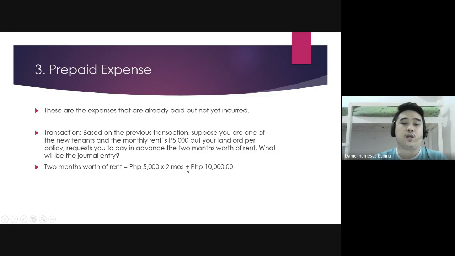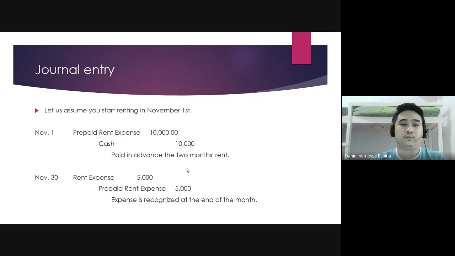So it is 10,000. So let's assume that you start renting on November 1st. So di ba November 1, nagbayad na kadaan og 10,000 for 2 months na siya. So debit ka, prepaid rent expense, and then you credit cash 10,000 pesos.